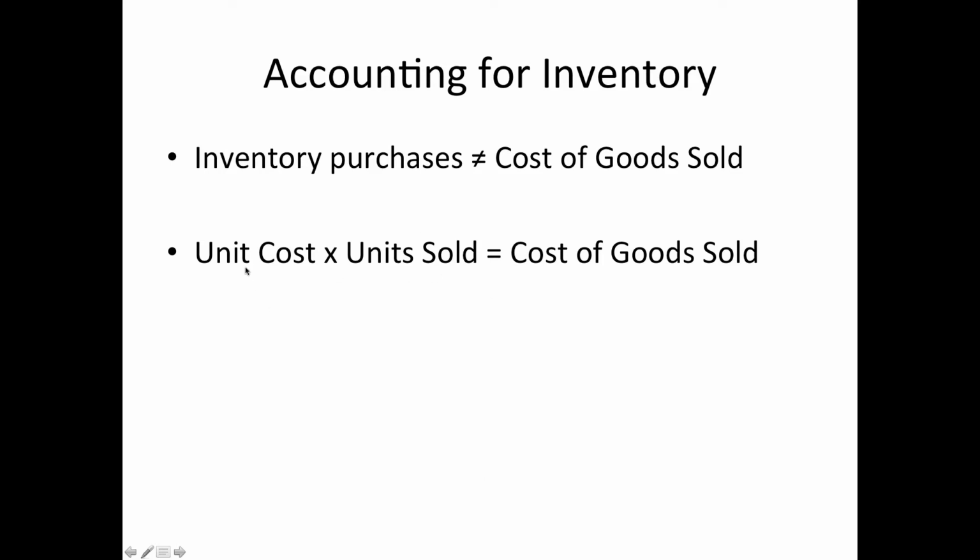The unit cost is something that you're going to be calculating internally. And for the units sold, we're going to lean on Amazon or an inventory software. I'm going to dig into these a little further, but just know this is the equation. It's not that complex.